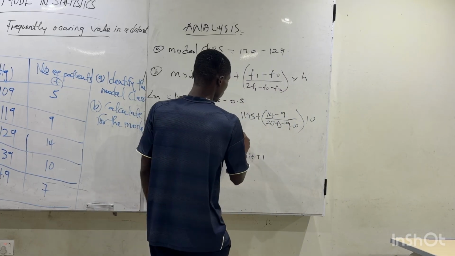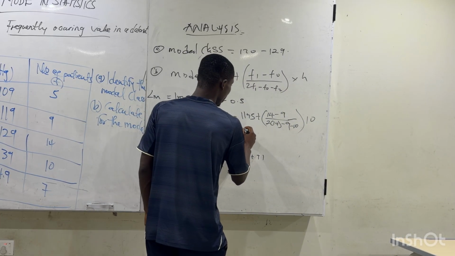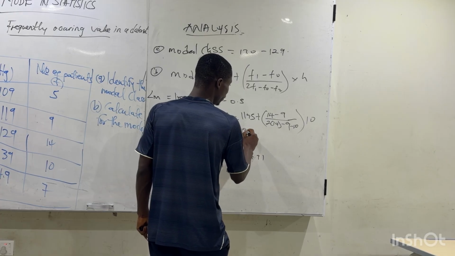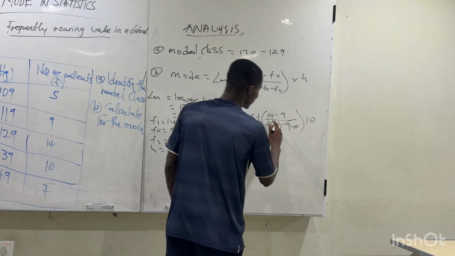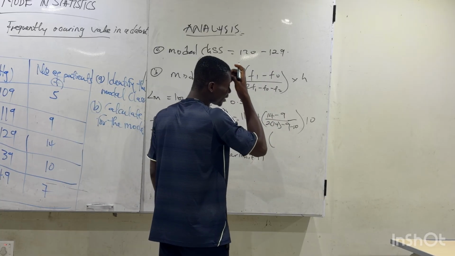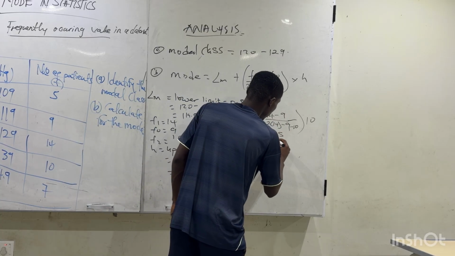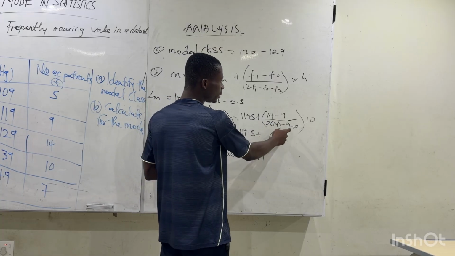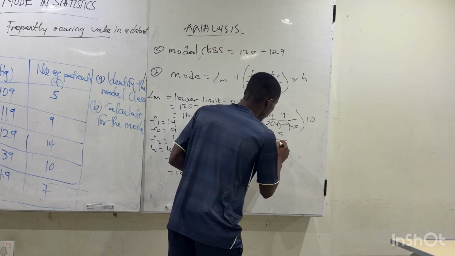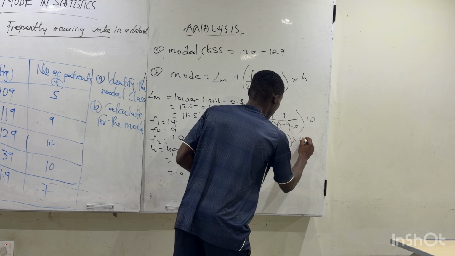Okay. So here you have to solve the one in the bracket first because of BODMAS. So when you subtract the 9 from the 14, you get 5. Then here you get 2 times 14 is 28. 28 minus 9 minus 10 is 9. Times 10. Okay.